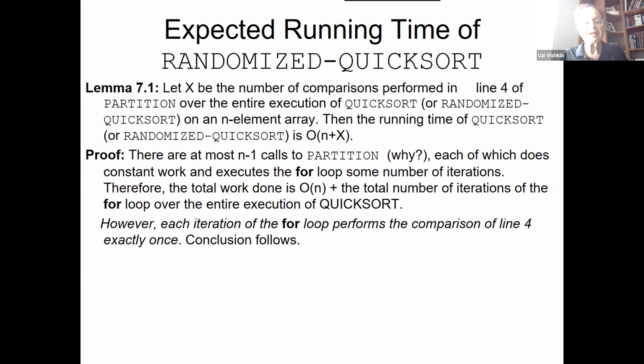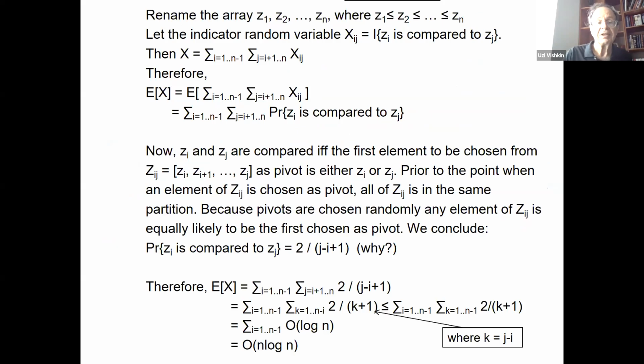So what will be the total number of comparisons that will take place? So here is a very elegant analysis that does the trick for us. What is the basic idea behind the analysis? The basic idea is that we are going to do a trick which you cannot do in an algorithm, but you can do in analysis. What can't you do in an algorithm?